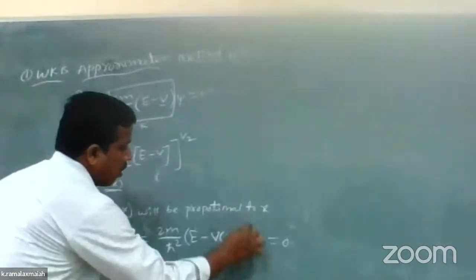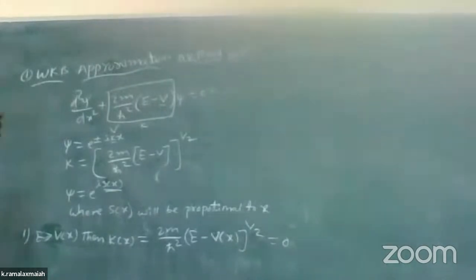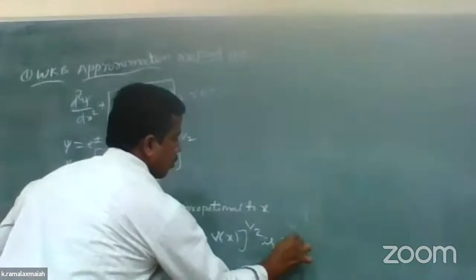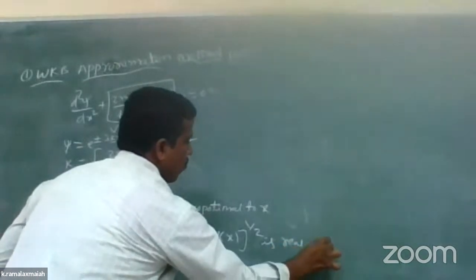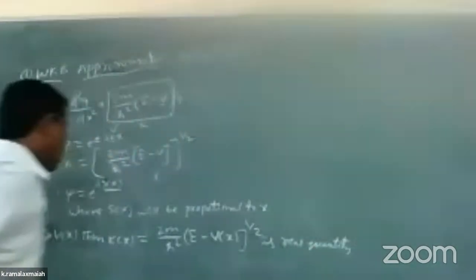Don't write the psi value here, only write the power of 1 by 2 of E minus V of x. That is the real quantity.